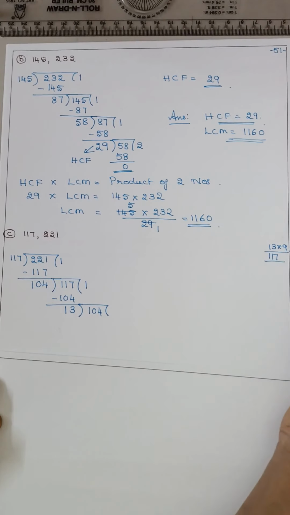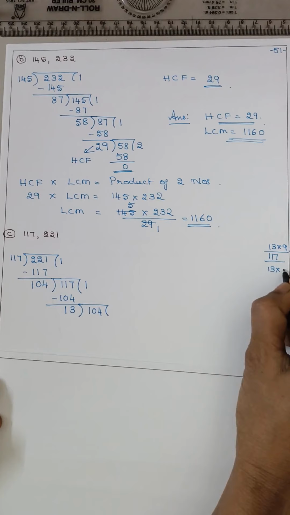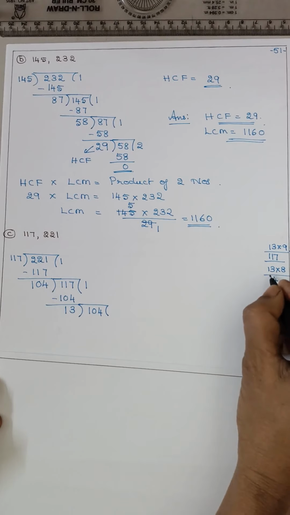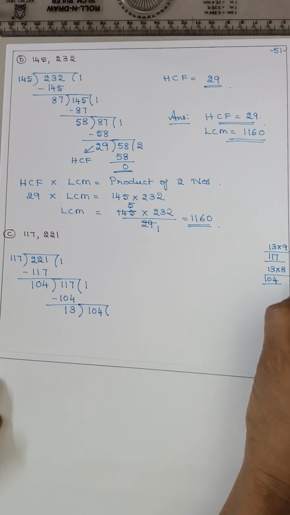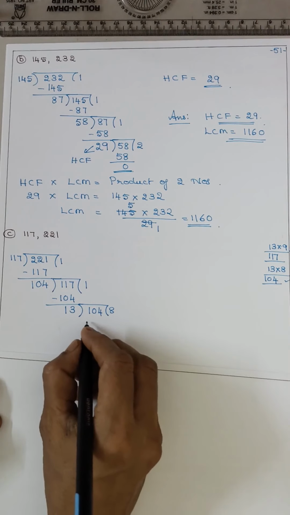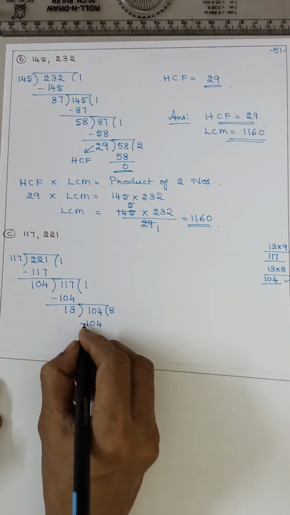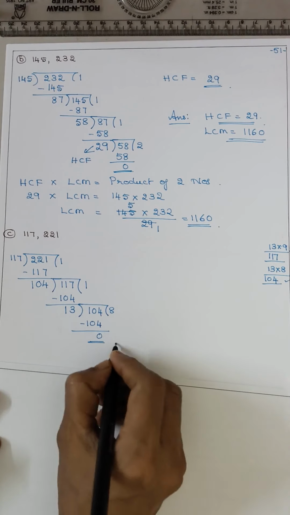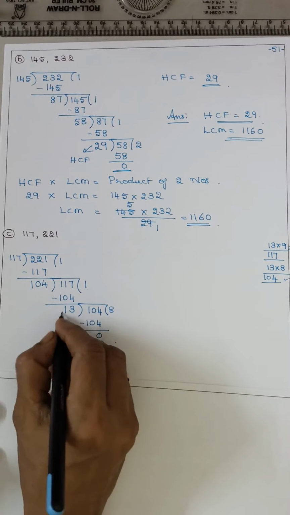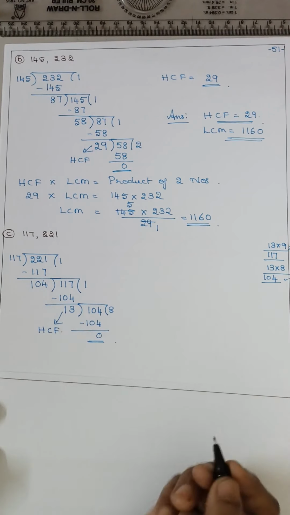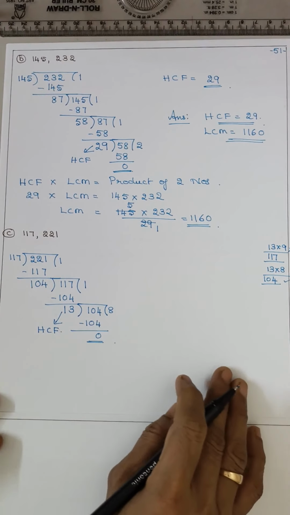It became bigger, so this cannot be. Multiply by 8. 8 3s are 24. 8 1s are 8. 9, 10. Exact came. So it is 8s are 104. If you know the table of 13 then that will also work, otherwise you have to do it like this. So HCF you got 13.